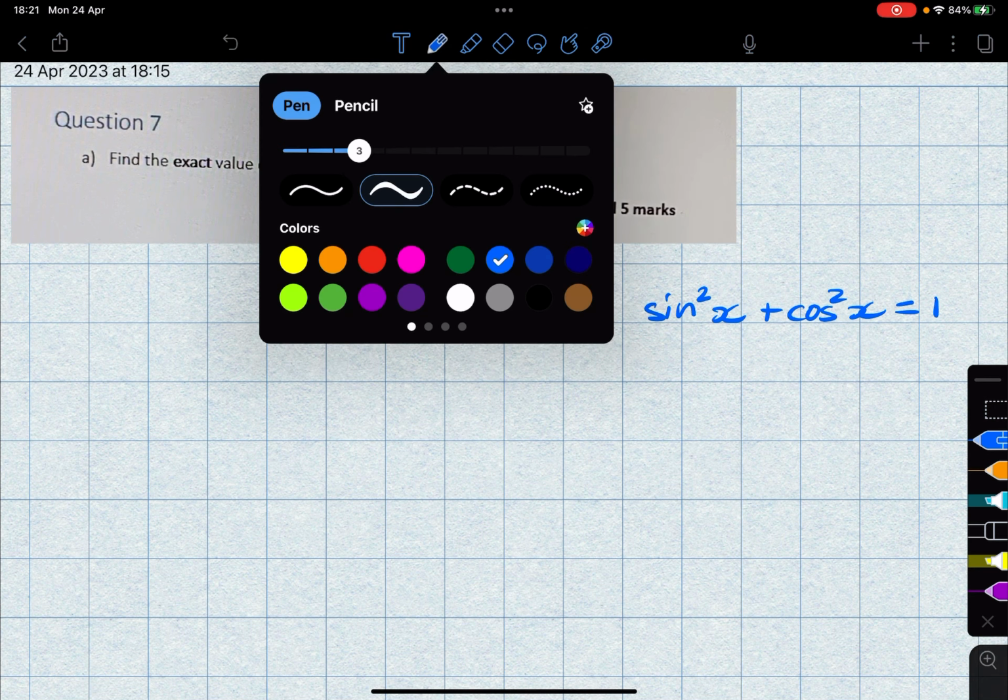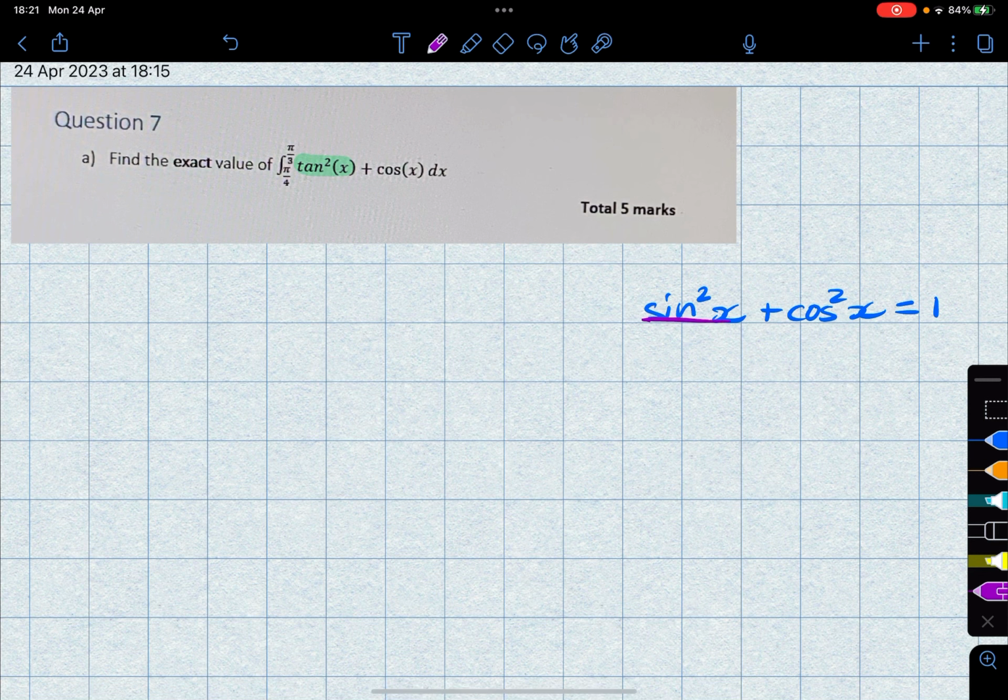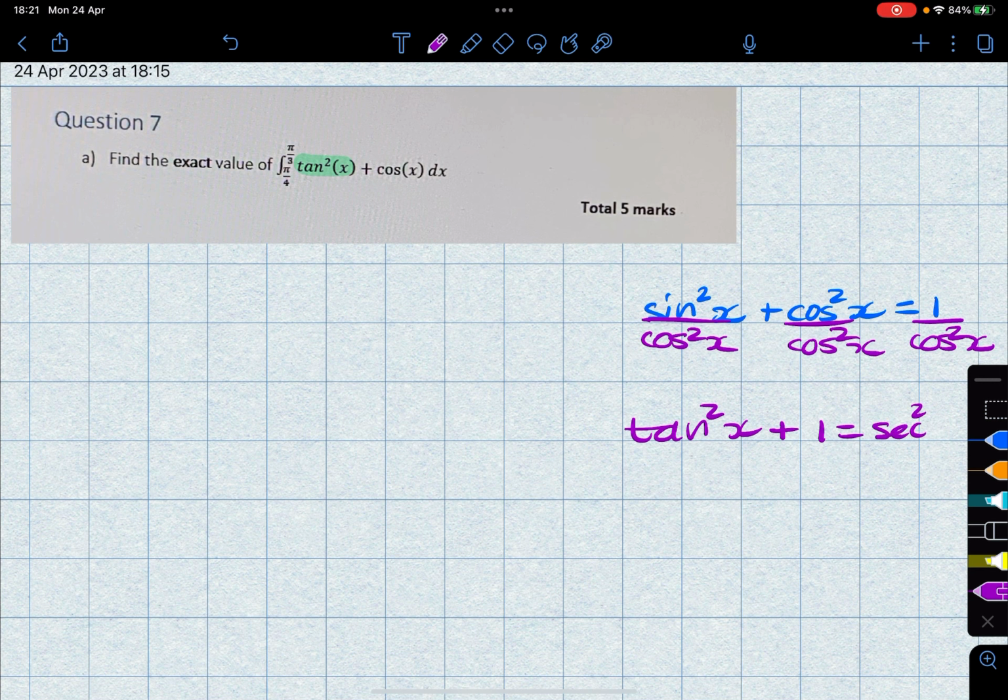Now, if you were to divide all terms in that expression by cosine squared x, that would give you tan squared x plus 1 equals secant squared x, because cosine squared over cosine squared is 1, sine over cosine is tan, and 1 over cosine is secant. So we can rewrite that to make tan squared secant squared minus 1.